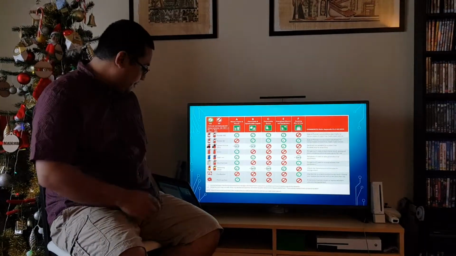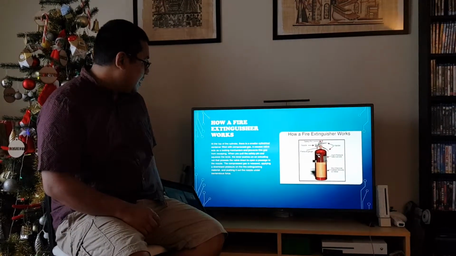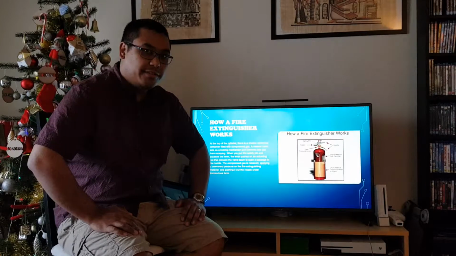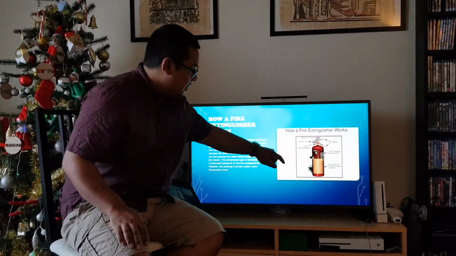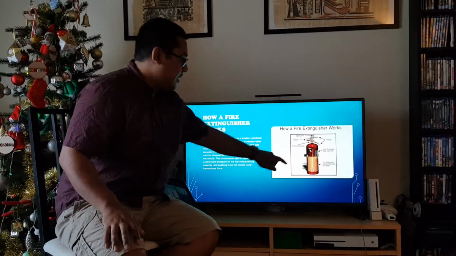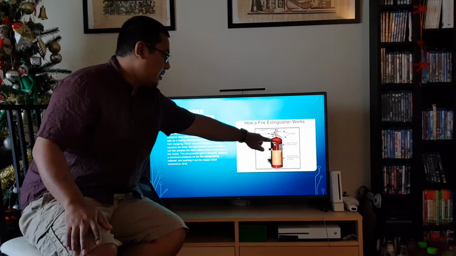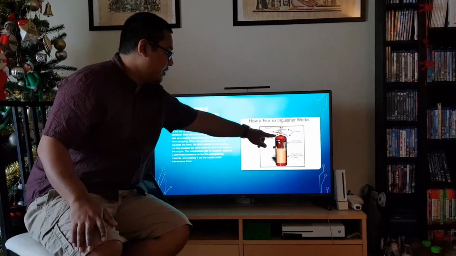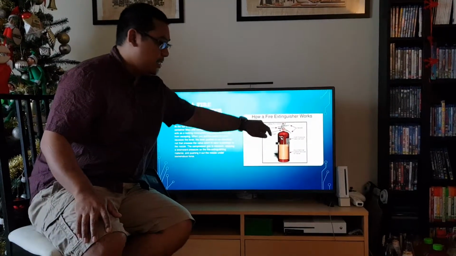There's another table. How a fire extinguisher works. On this picture you see the gas cylinder of the fire extinguisher, the canister where the gas is in for pressure, the handles, the lever and the nozzle and the safety pin.